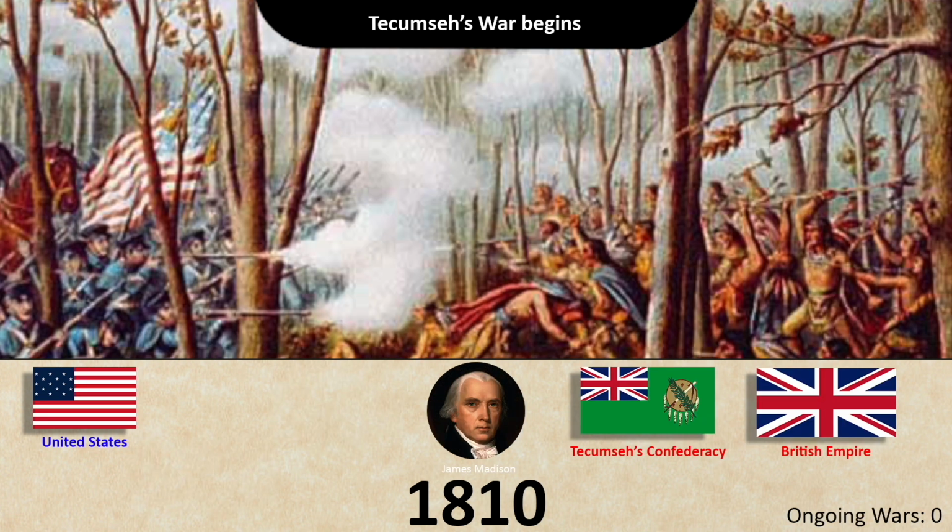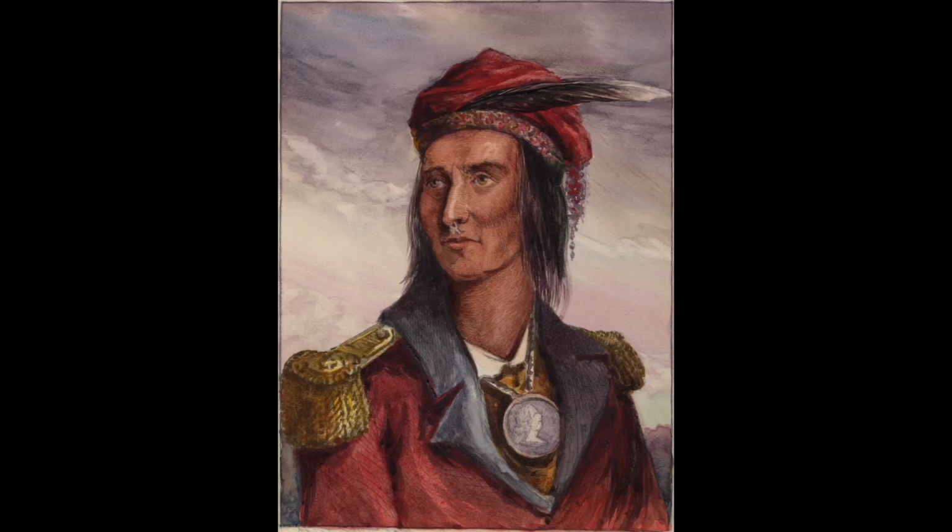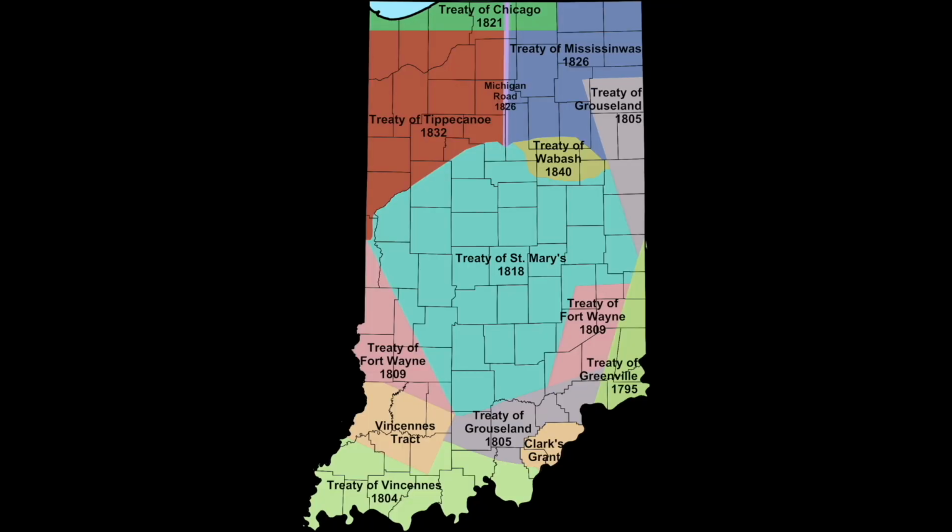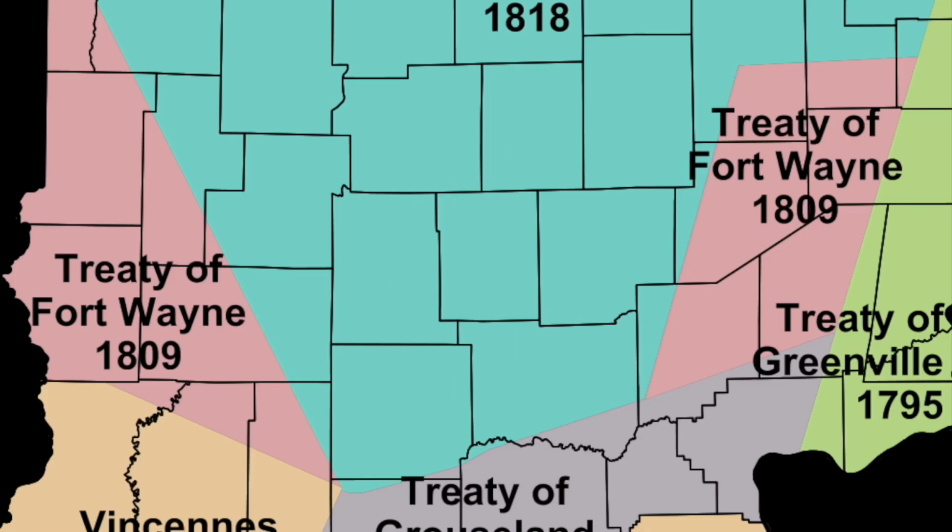Now, about 5 years later, in 1810, Tecumseh's War would begin, and this was a conflict between the United States and Tecumseh's Confederacy. And basically, Tecumseh was outraged about the outcome of a treaty called the Treaty of Fort Wayne, in which Miami and Eel River tribal leaders signed and ceded away 3 million acres of land in Ohio, Illinois.